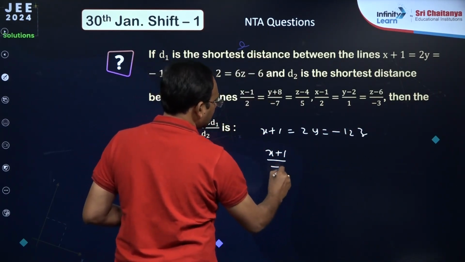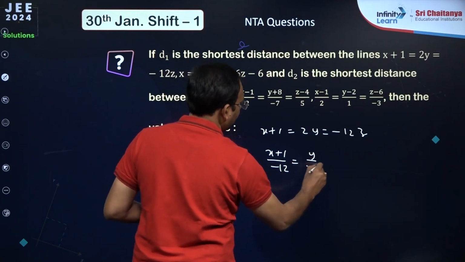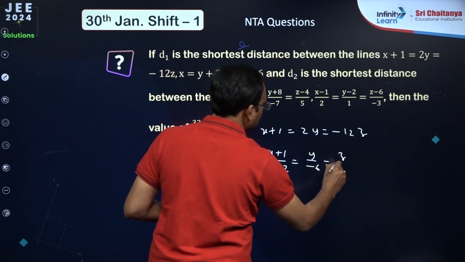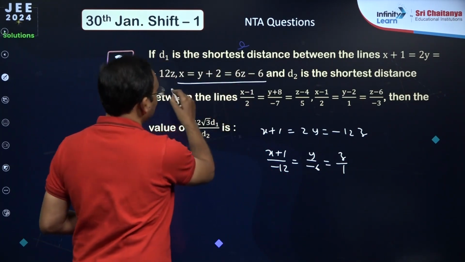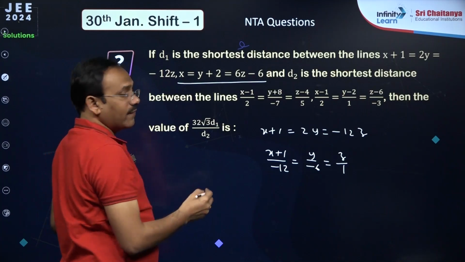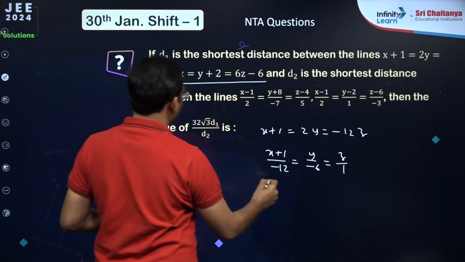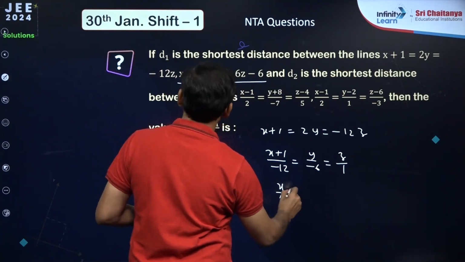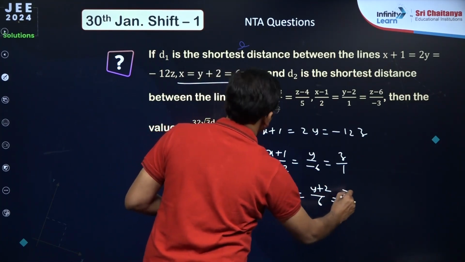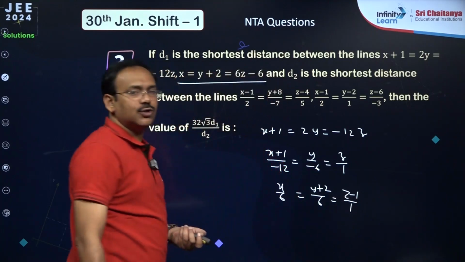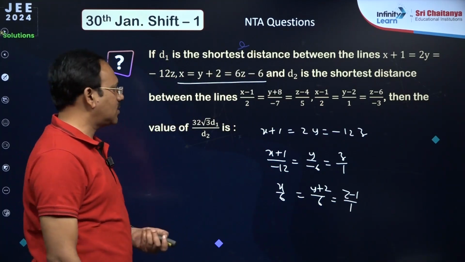This becomes x plus 1 by minus 12 is equal to y by minus 6 is equal to z by 1. You can write. Second line is very clear. Divide with 6 because we don't want any coefficient to be this. This is x by 6 is equal to y plus 2 by 6 is equal to z minus 1 by 1.